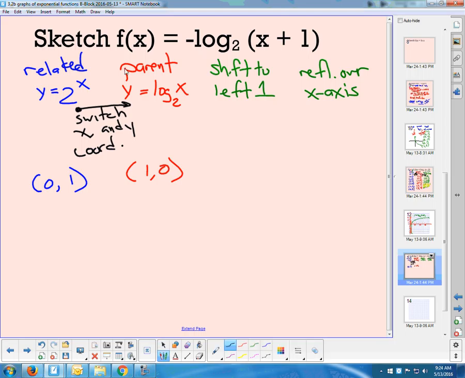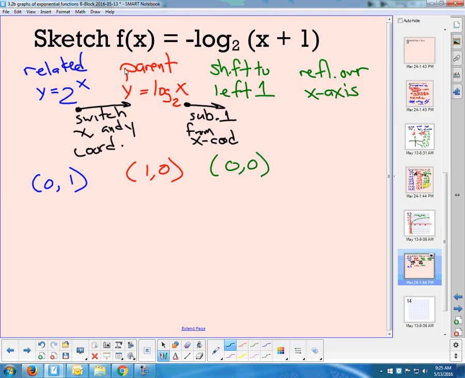Similarly, to shift to the left 1 unit, since it's shifting to the left, that's a horizontal translation. I'm going to affect the x-coordinate. And when my graph shifts left, my x-coordinates are getting smaller by 1. So to accomplish this transformation, I'm going to subtract 1 from the x-coordinate. And when I do that, I would get the point 0, 0.